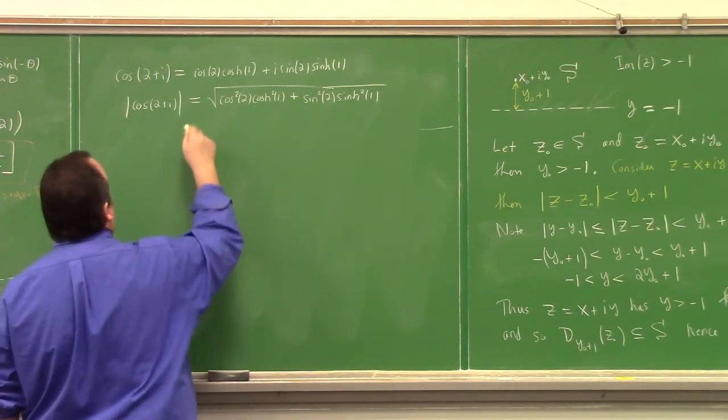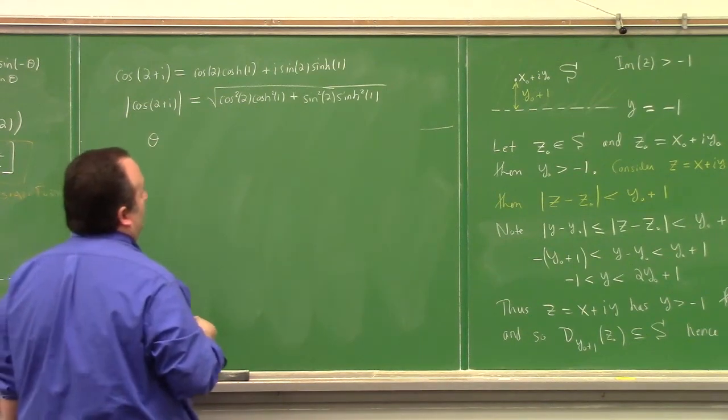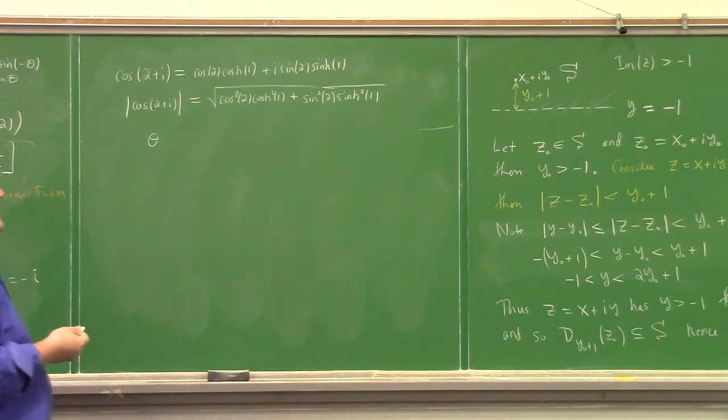And what's the angle? Where is this? Well, cosine of 2 is negative or positive? Cosine of 2, I think it's positive.